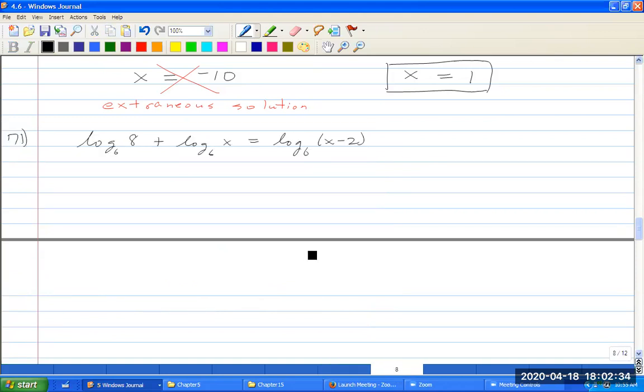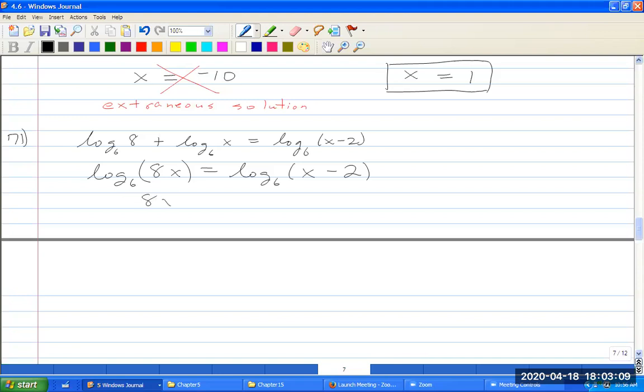Log base 6 of 8 plus log base 6 of x equals log base 6 of x minus 2. By the properties of logarithms, log base 6 of 8x is equal to log base 6 of x minus 2. Well, since the logarithmic function is injective, and these have the same base, and these logarithms are equal, then the results must be equal.